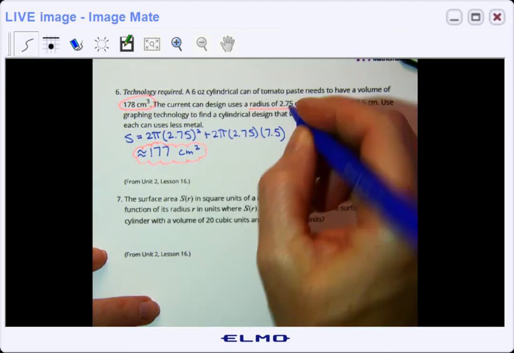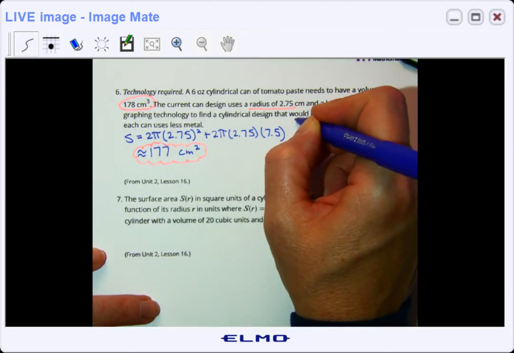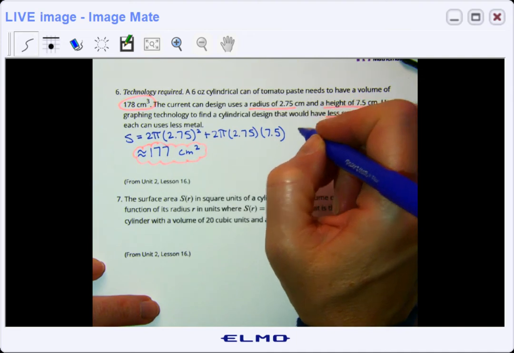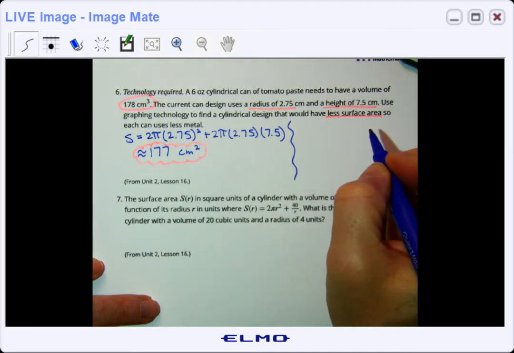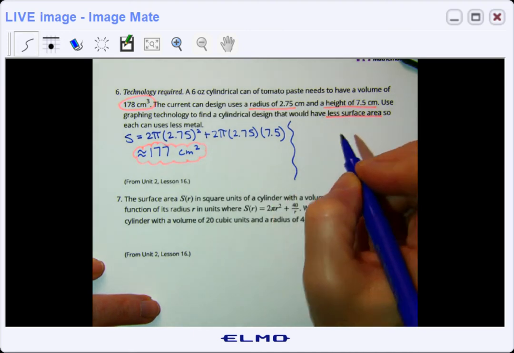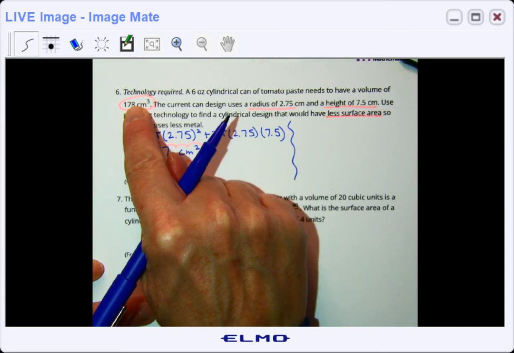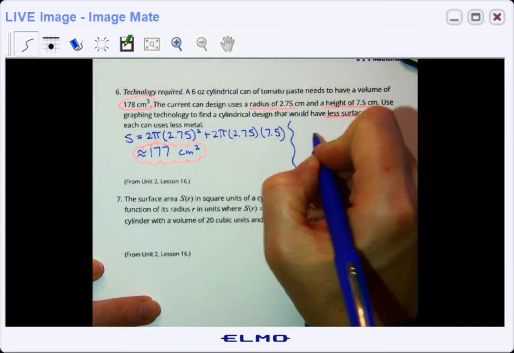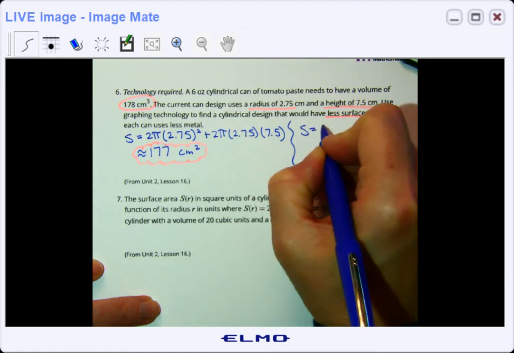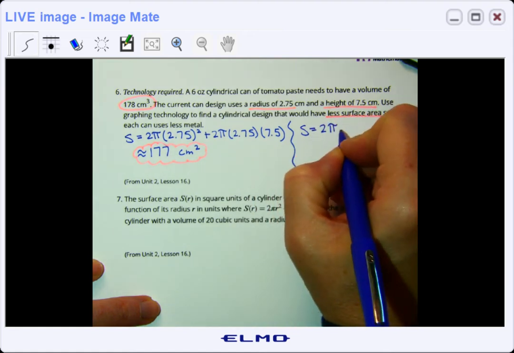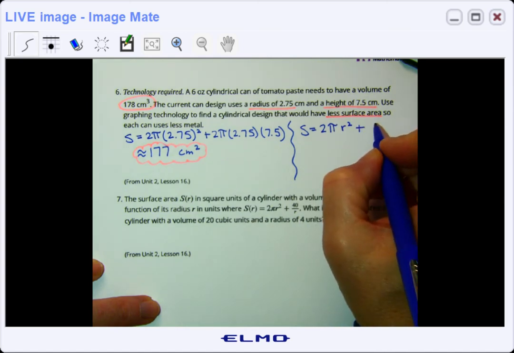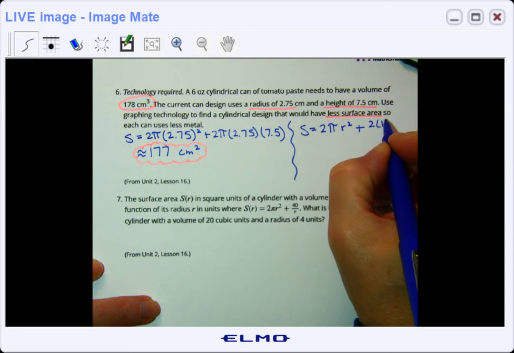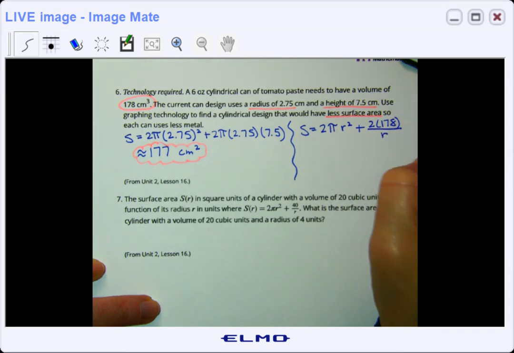To do that, we're going to use the formula that we came up with last week, the one that compares surface area with radius for a known volume. That one is surface area equals 2 pi times the radius squared plus 2 times the volume, so 2 times 178, divided by the radius.